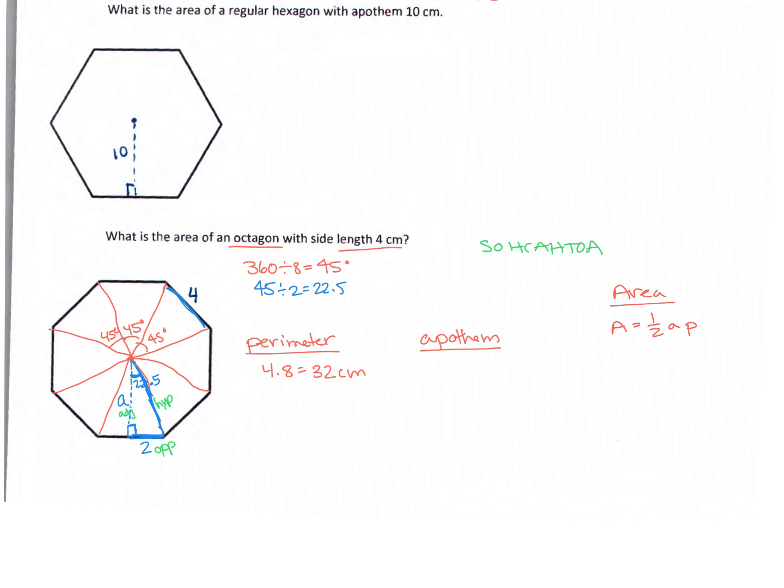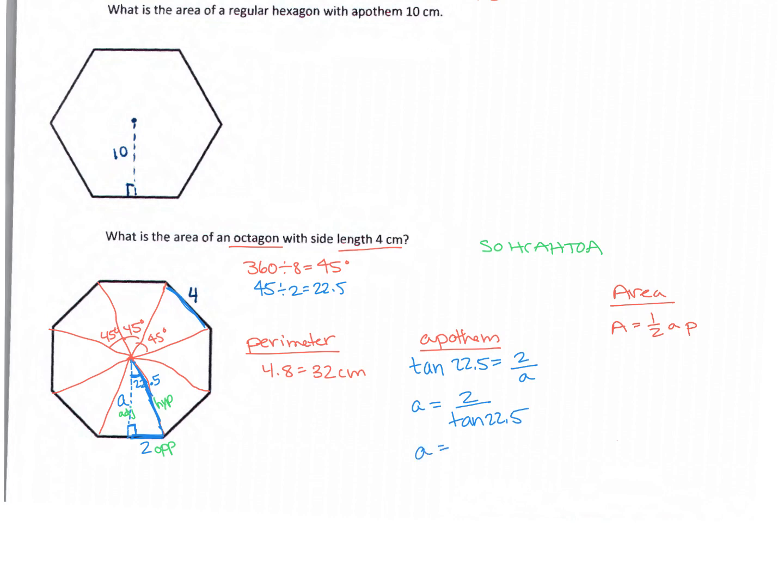So let's write the tangent equation for this triangle. Tangent of this 22.5 is equal to opposite 2 over apothem A, which is my adjacent. So I'm going to multiply my A up and out of the denominator. I'm going to multiply to the other side, divide by my tangent, and I get my apothem is 2 divided by tangent of 22.5.